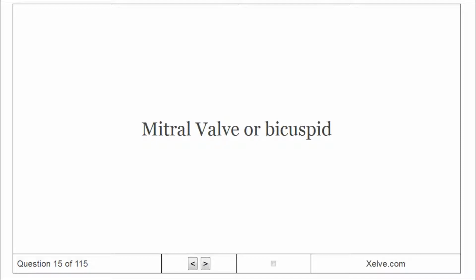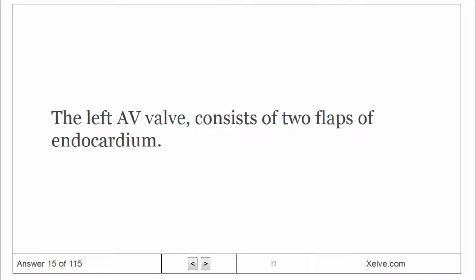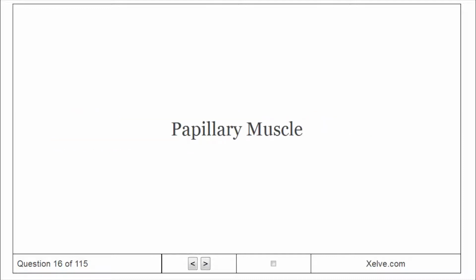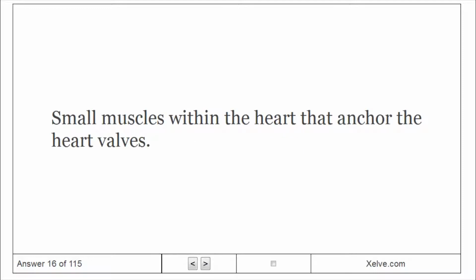Mitral valve or bicuspid. The left AV valve consists of two flaps of endocardium. Papillary muscle. Small muscles within the heart that anchor the heart valves.